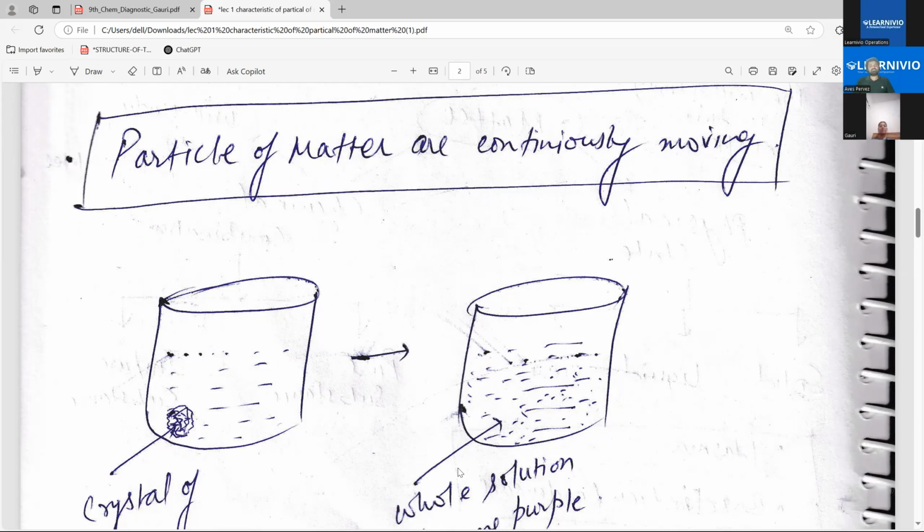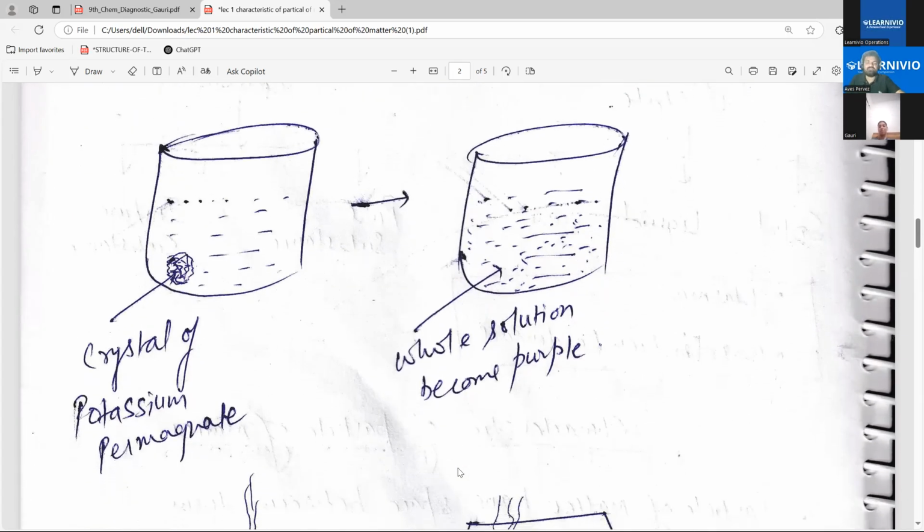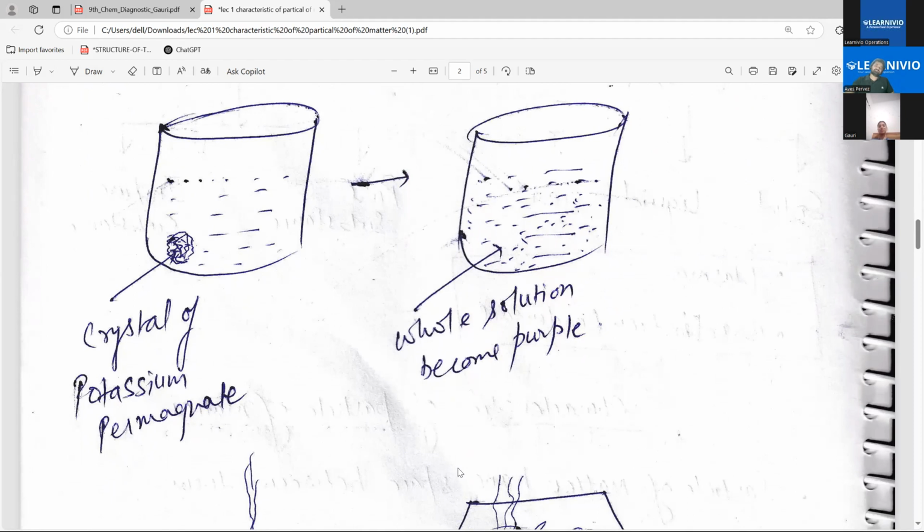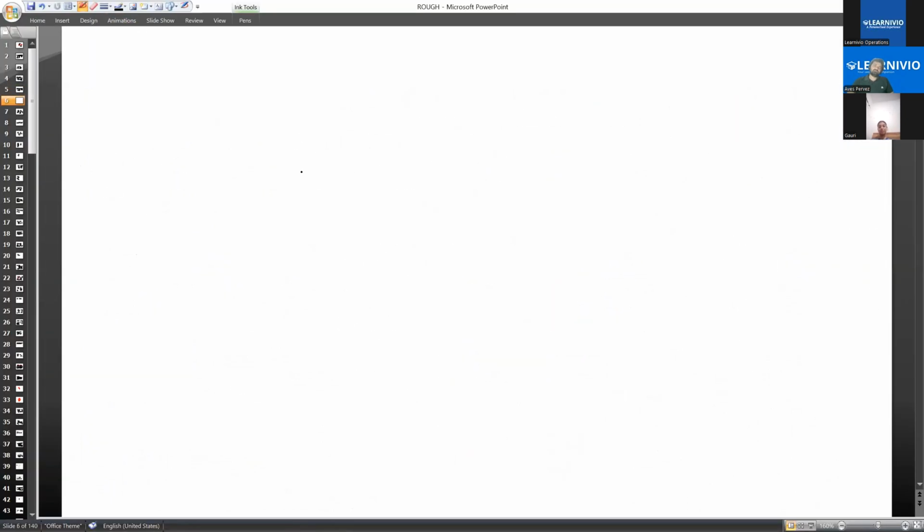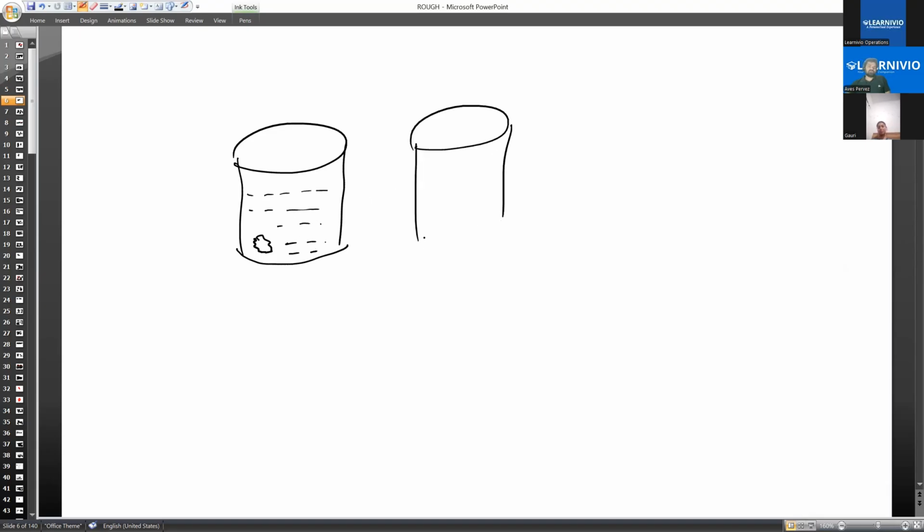You can understand that with the help of crystals of potassium permanganate. When you add potassium permanganate crystals to water, these are purple in color. After some time, you will notice that the whole water will become purple.